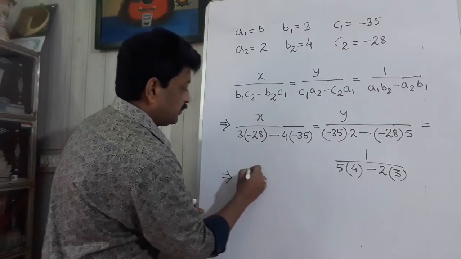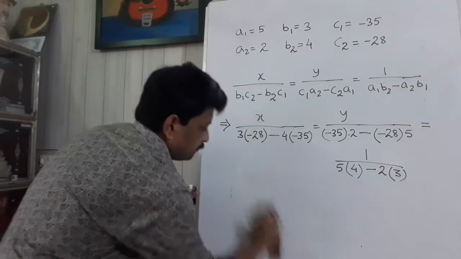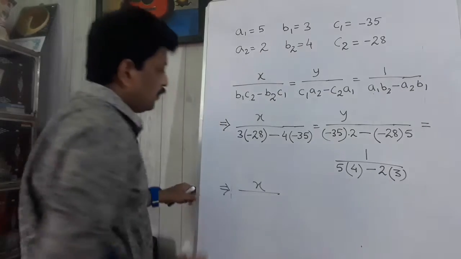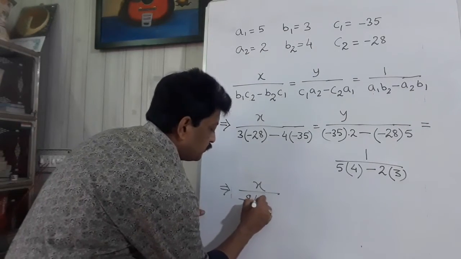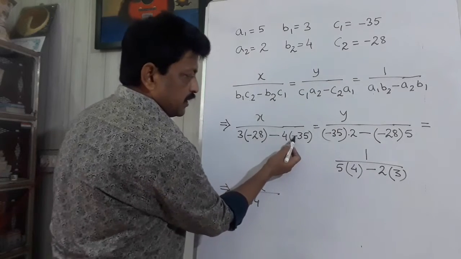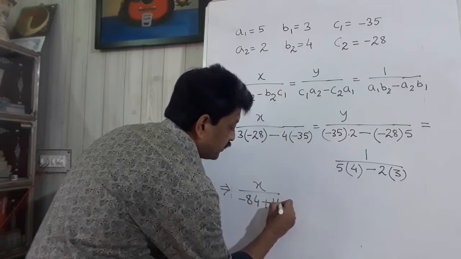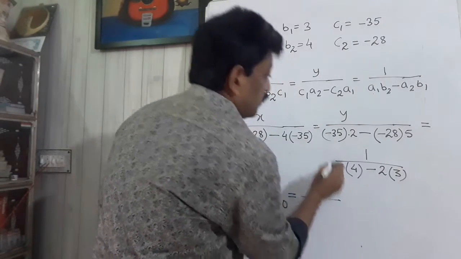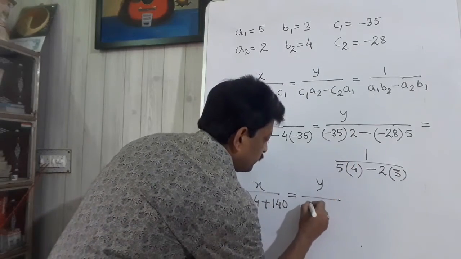Now let us calculate. So x, 3 multiplied by minus 28 is minus 84. Minus of minus makes plus. 4 35s are 140, equals minus 35 into 2, that makes minus 70.